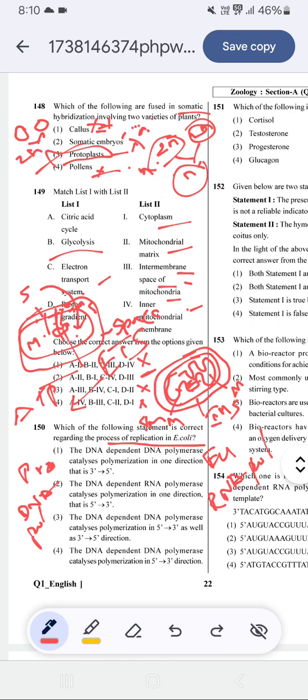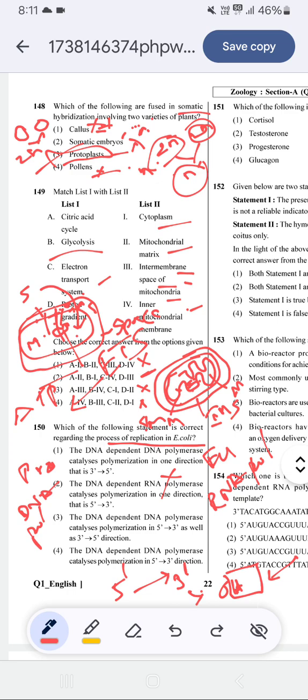So we need to see for DNA polymerase. Here RNA polymerase is there, so strike it off. And during replication, the polymerization process takes place in 5' to 3' direction only, because 3' end contains free OH group, which is helpful for the formation of bond with the next upcoming nucleotide.